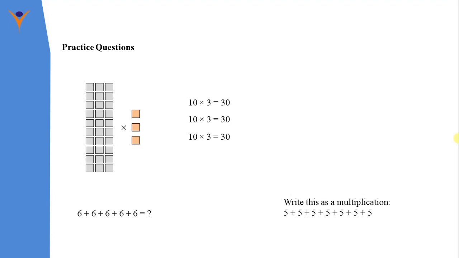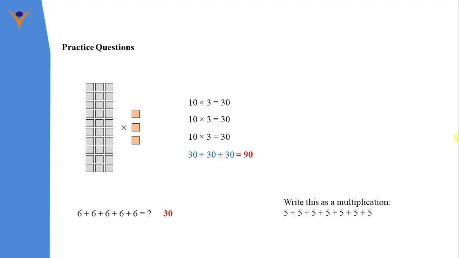So that tells you that 10 is appearing 3 times, added to itself 3 times. So we add the 30 there. So there we go, 30 plus 30 plus 30, and that gives us 90. So what this means is that 30 times 3 is 90, or you say 3 tens times 3 is 90.